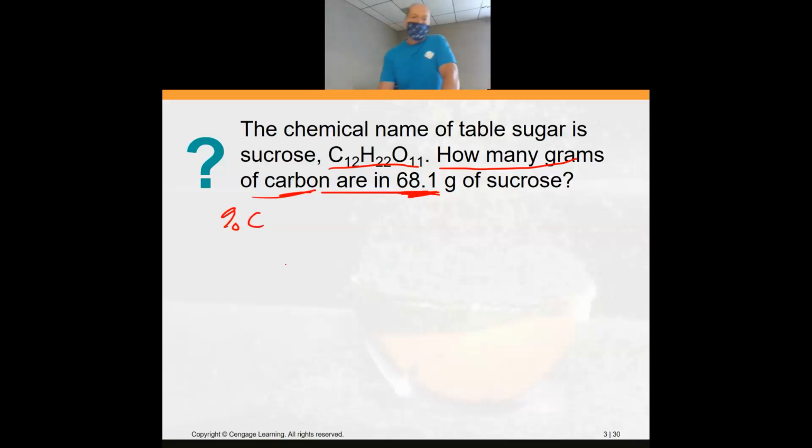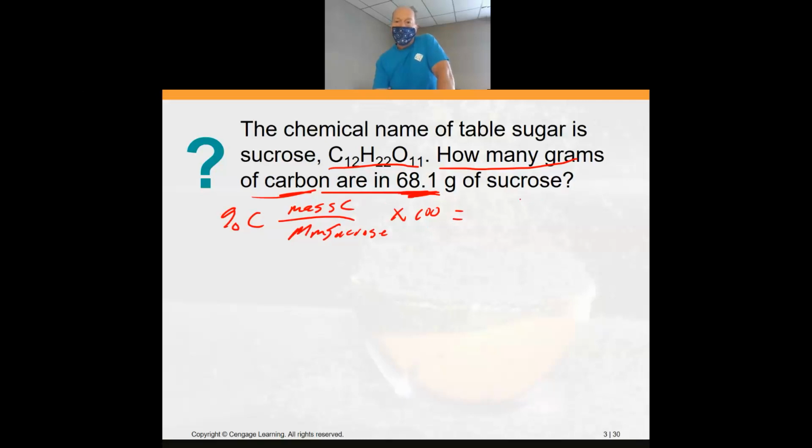If I had 10% carbon, it would be 6.81 grams of carbon in the 68.1. I would just take the percent of that number. Now, to get percent carbon, I need my mass of carbon divided by the molar mass of the sucrose. And then to get percent, you multiply by 100.